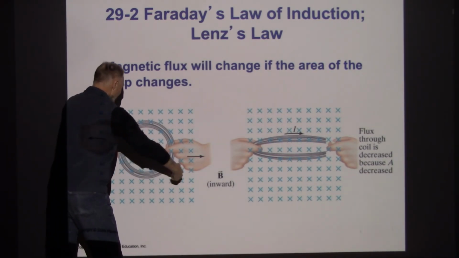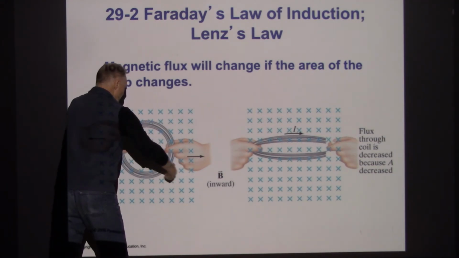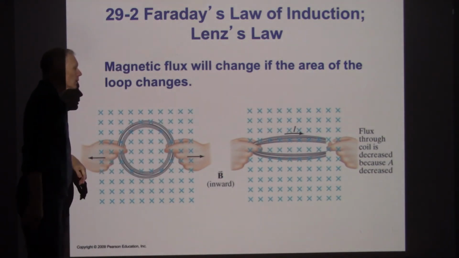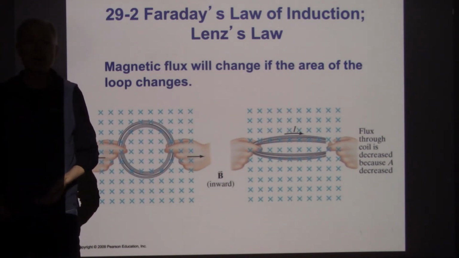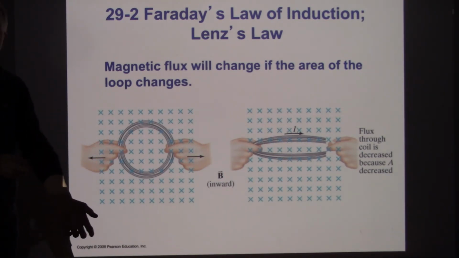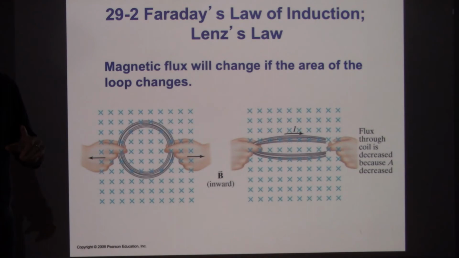So I'm going to get magnetic forces here and here, and that's what's causing the EMF. That's what's causing the induced current. So you can see what's going on here is Faraday's law allows us to go in and do these calculations based on flux.